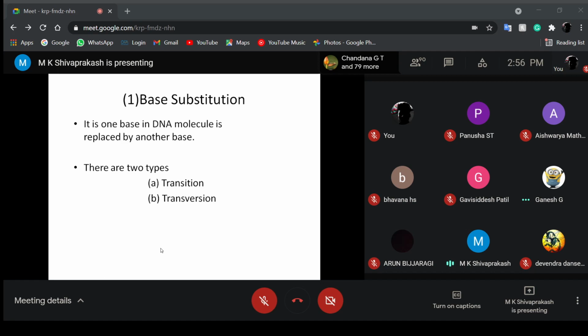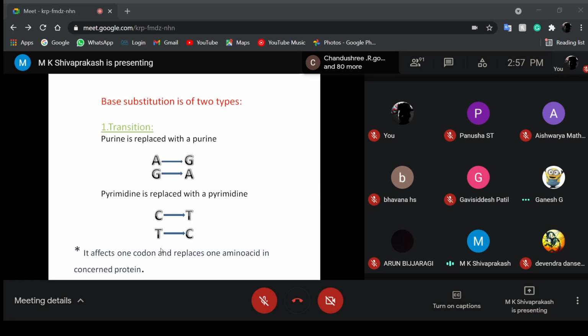It results in either transition or transversion. There are two types of results that may occur. So base substitution is of two types.